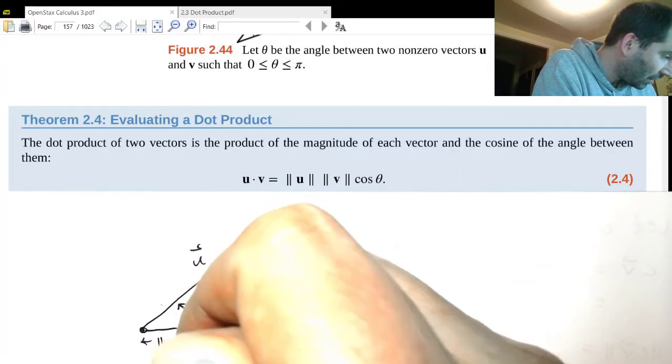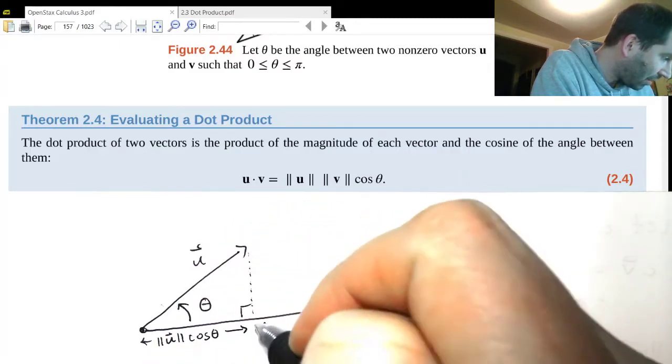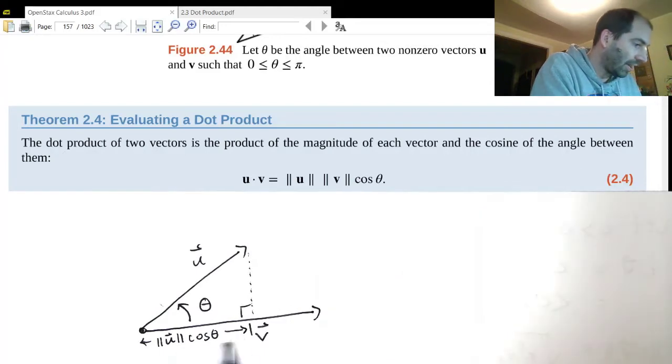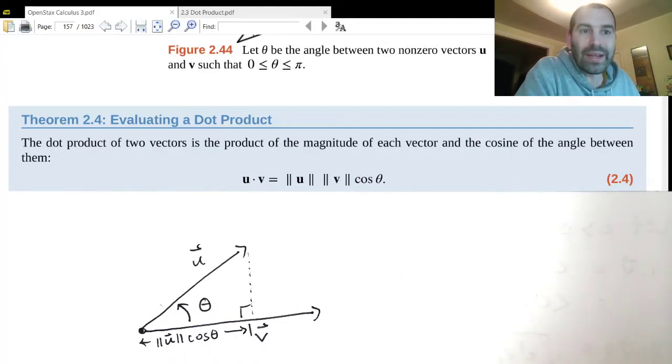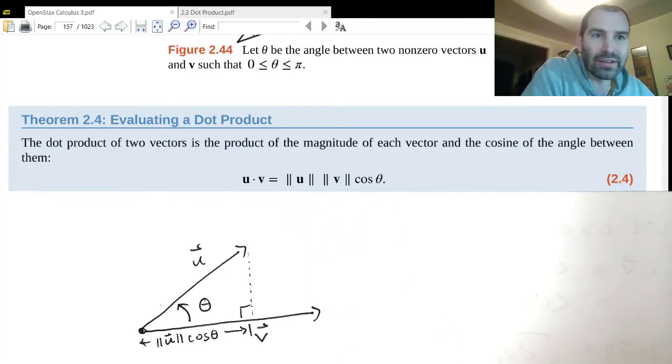So that's the magnitude of u times the cosine of theta. That's a number that corresponds to this length. So it's the extent to which u points in the direction of v. That's what the magnitude of u times the cosine of theta is.